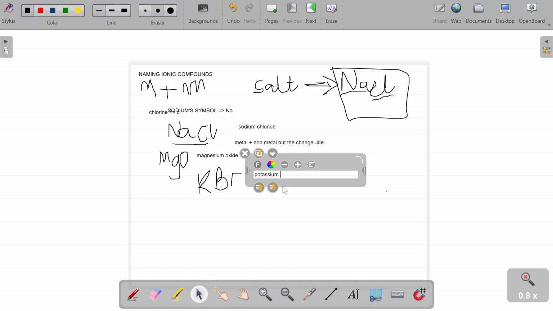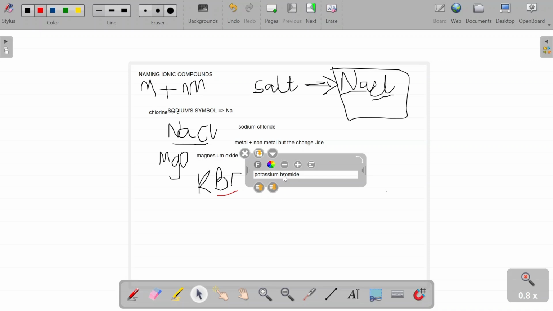And the non-metal symbol, Br, is used to represent the element called bromine. So this could have been potassium bromine. But no, remember, we change the non-metal to end in IDE, so potassium bromide.